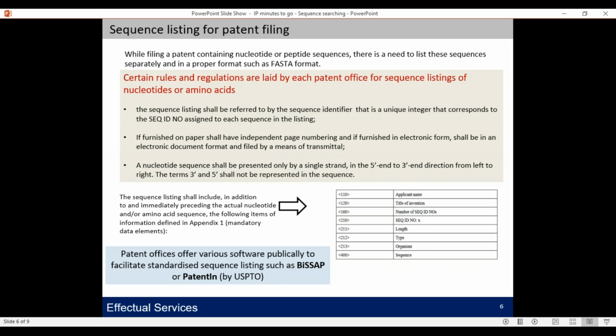These can include applicant name, title, the number of sequence ID numbers, length, organism, and so forth. To standardize sequence presentation, patent offices have developed and offer various software programs which are publicly available, such as BISAP or Patent-In, developed by the EPO and the USPTO respectively.